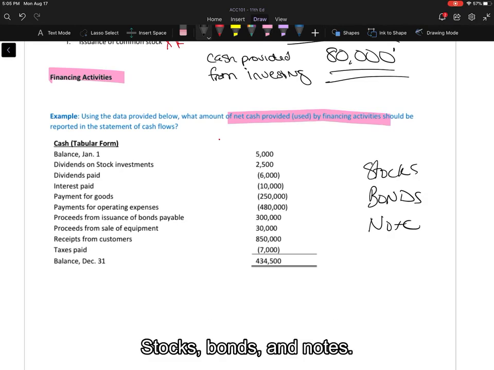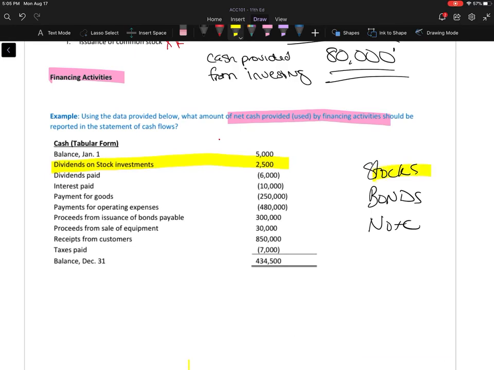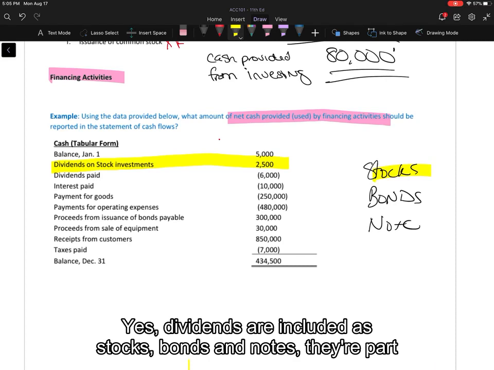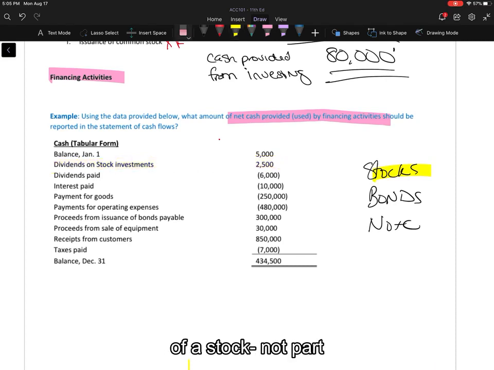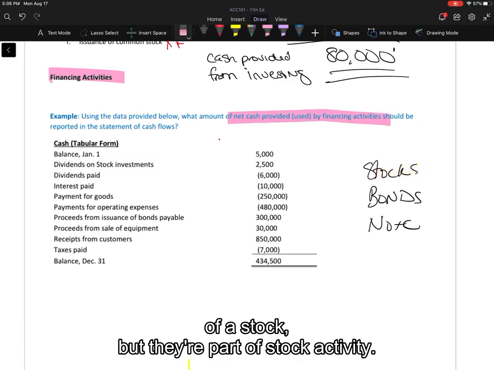Stocks, bonds, and notes. So, what do we have here? The beginning cash balance, no. Dividends. Yes, dividends are included as stocks, bonds, and notes, right? They're part of stock activity.